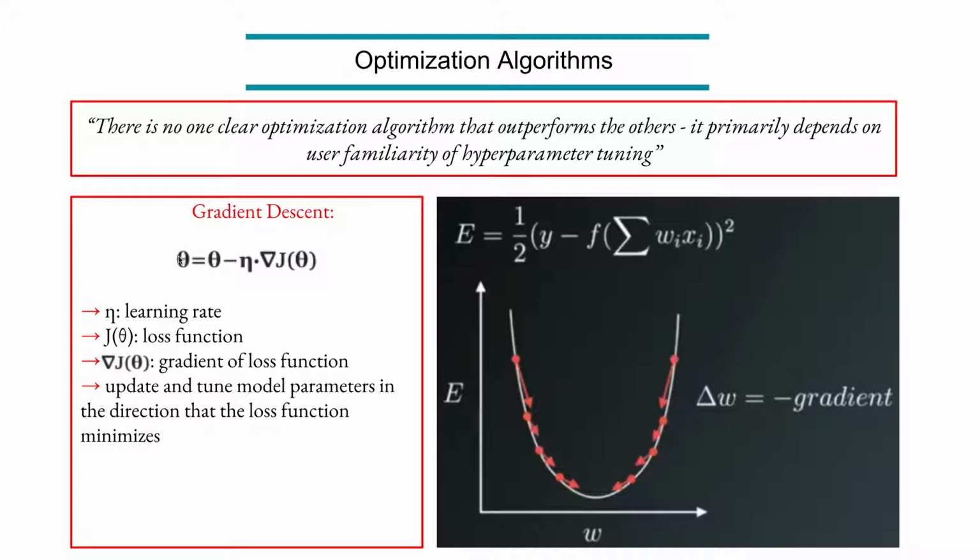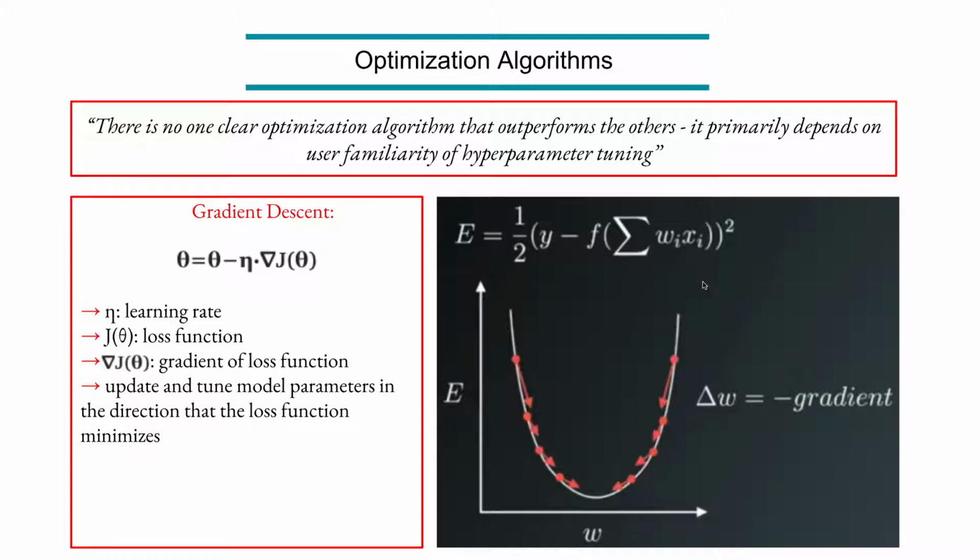This theta on the left is our new weight, and this is our previous weight. This is the learning rate, and this is the gradient of the loss function with respect to the weight.